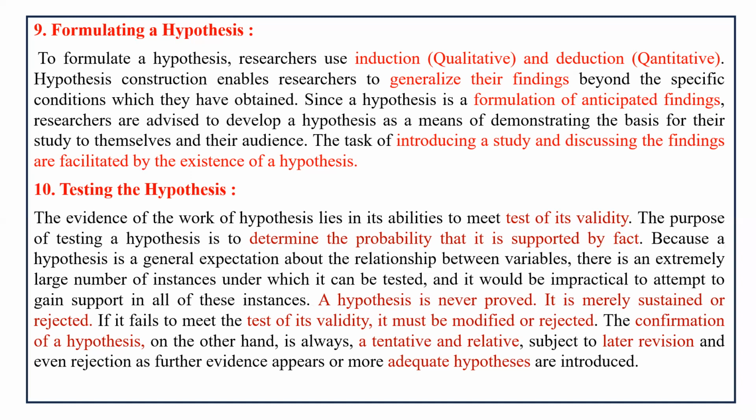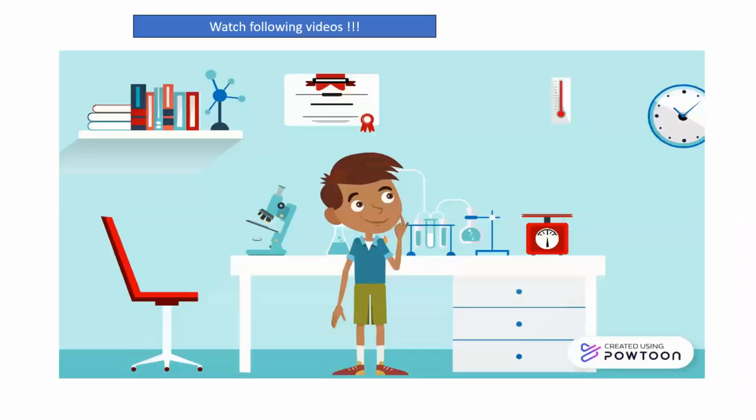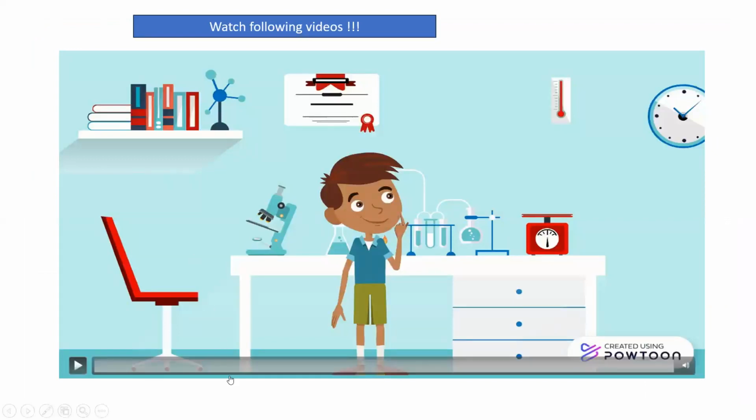It means there is some issue in the problem you have studied or want to study, so you can modify it, or it gets simply rejected, or it gets completely accepted. So whether your hypothesis is getting accepted, rejected, or modified, in very simple words, that is called testing of the hypothesis. So I will play a video regarding it.